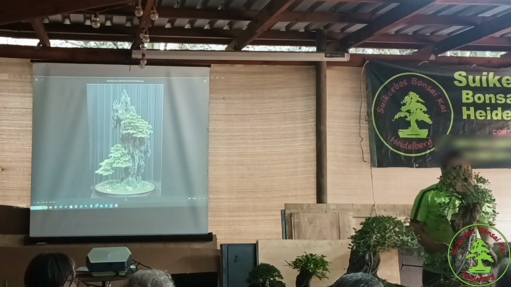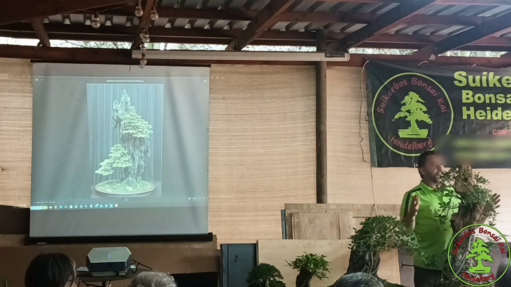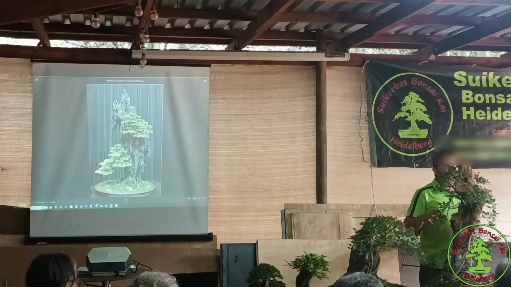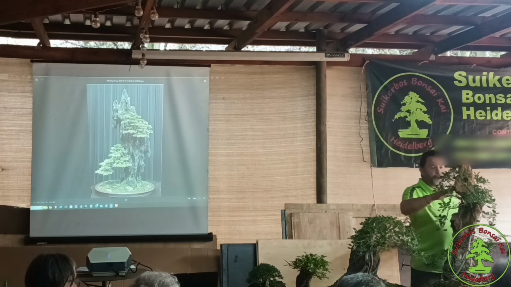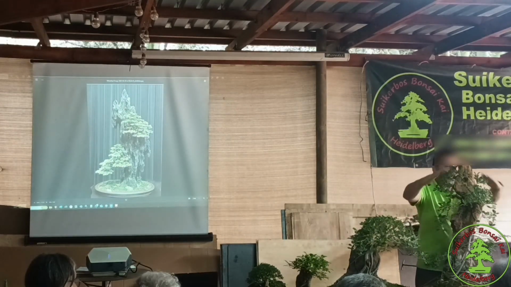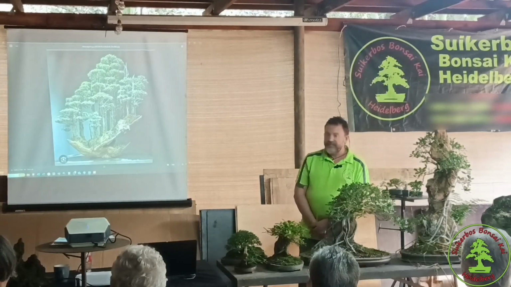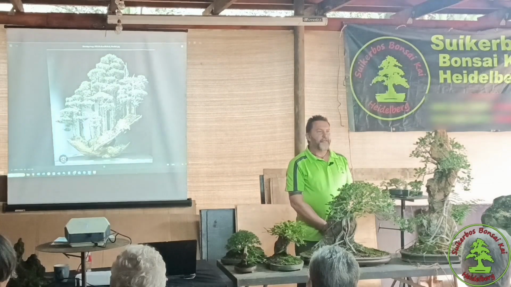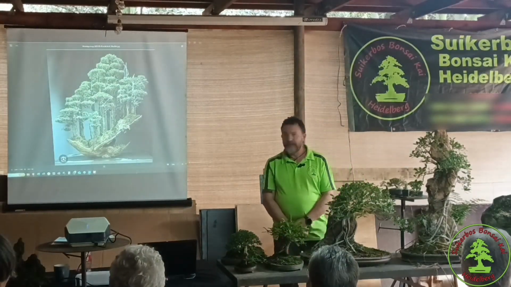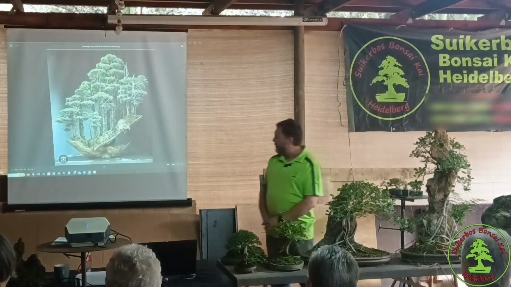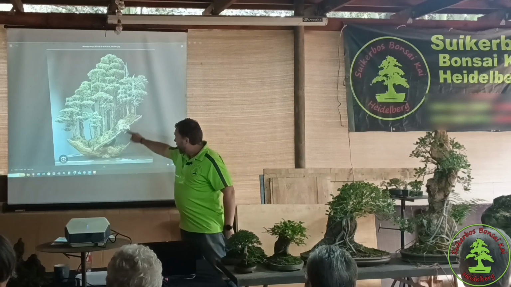Yeah. So it's a bigger picture than just a root over rock. It's more a mountain with trees on them. But it can also be a trunk with branches coming out. Isn't that spectacular? And to pull that off is not easy. I don't know if these are natural stones or they handmade.